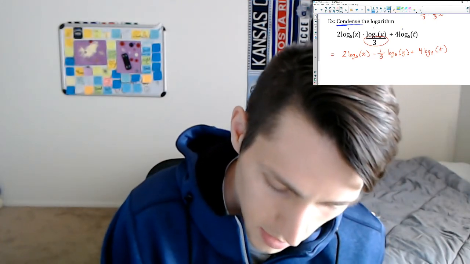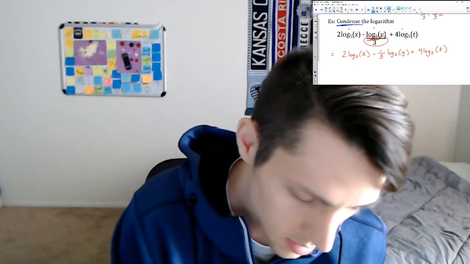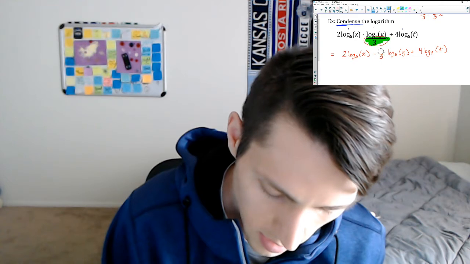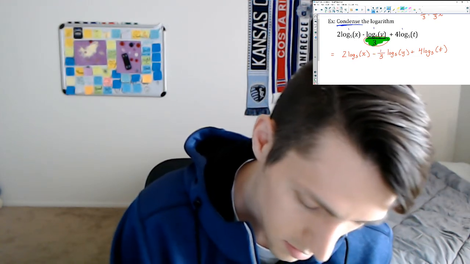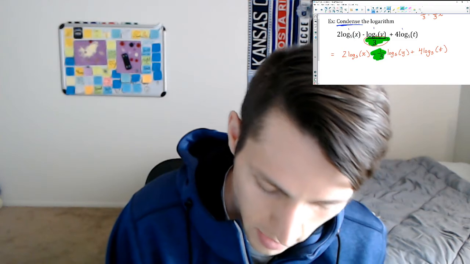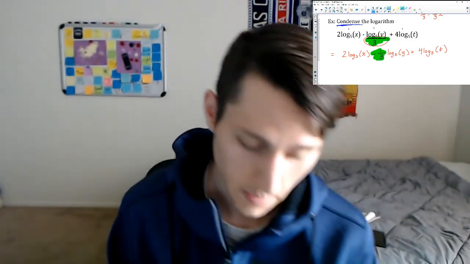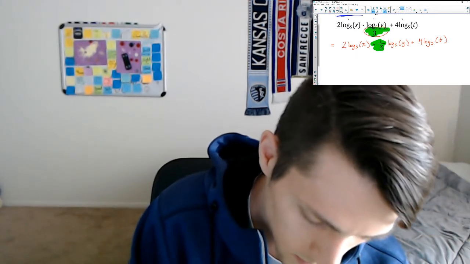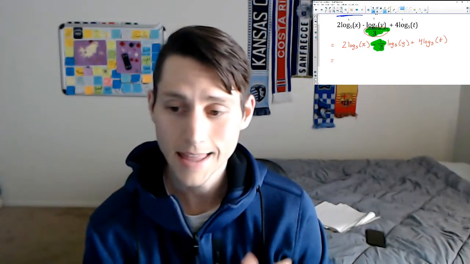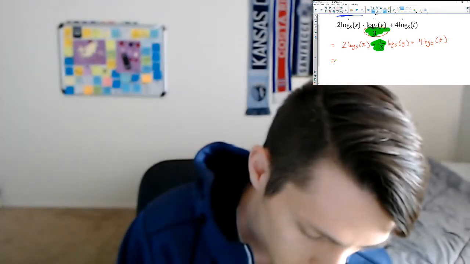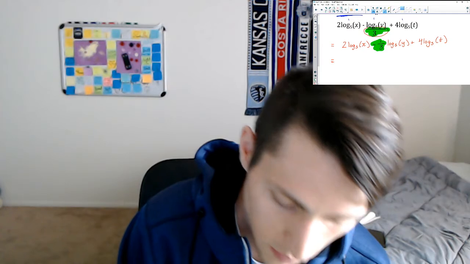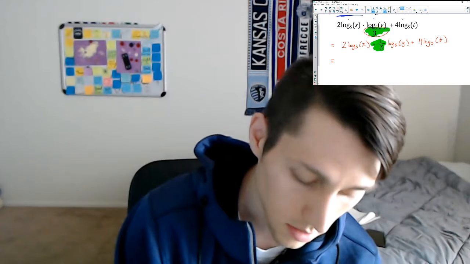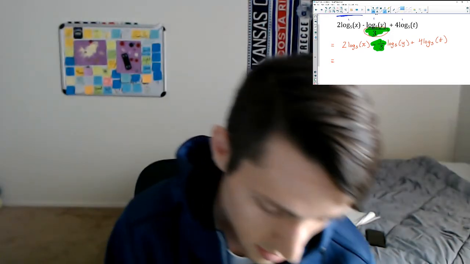All right, so yeah, all I'm saying is I took this, instead of writing it as divided by 3, okay, that's the same thing, oops, as if I wrote it as a coefficient of negative 1/3. All right, so now that I have that, we can go through and first let's take our coefficients and move them up into exponents.